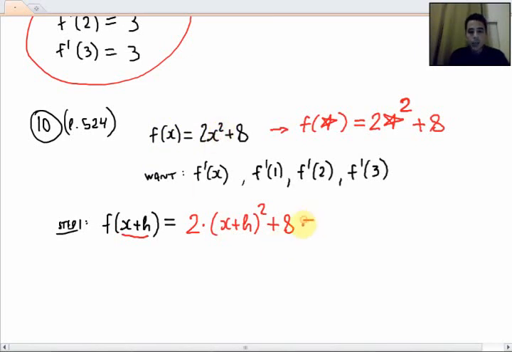Let's simplify this a little bit. 2 times (x plus h) squared. This is the square of a sum of 2 terms, so this would be x squared plus 2xh plus h squared, and then plus 8.